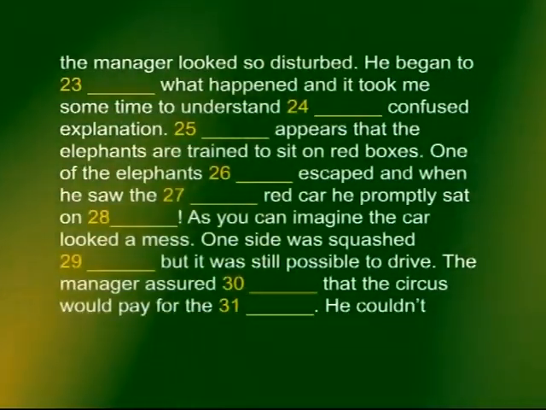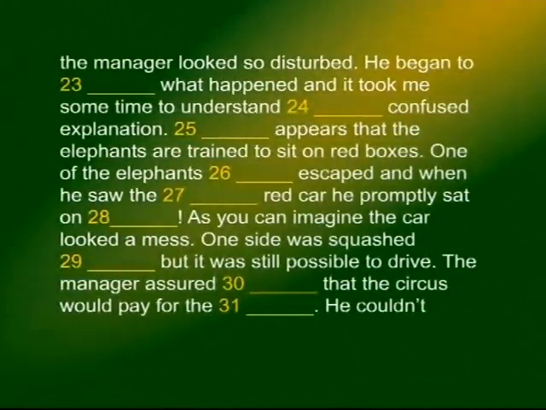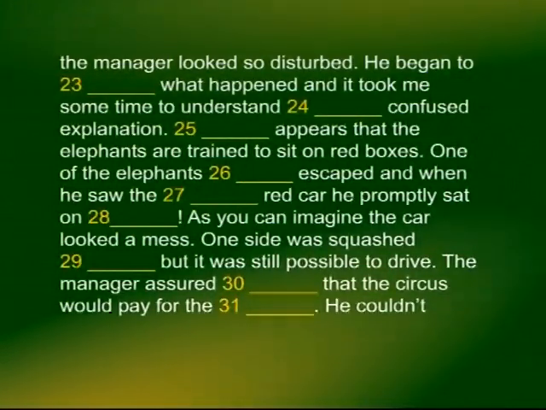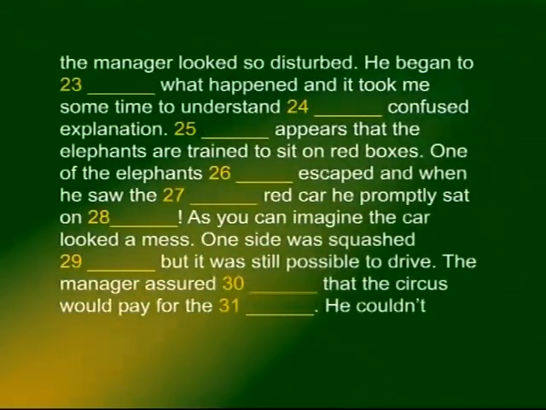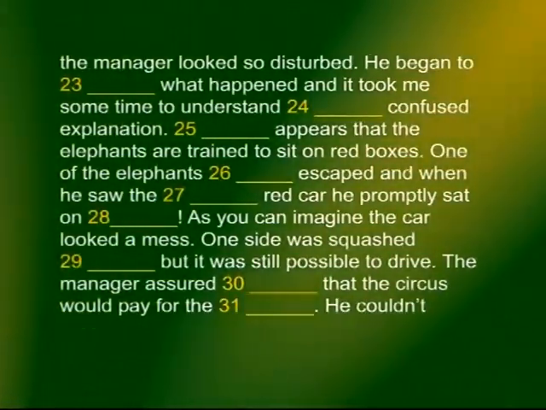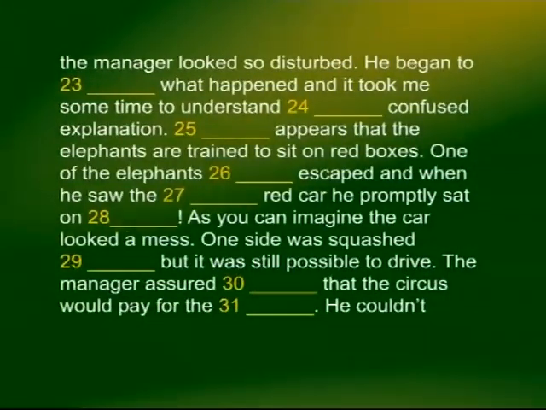Imagining that I'd left the lights on, or thinking I'd left the lights on, or fearing I'd left the lights on, or assuming that I'd left the lights on. Any one of these four words fits very well in that gap, and if you choose any one of these, you would be perfectly all right.